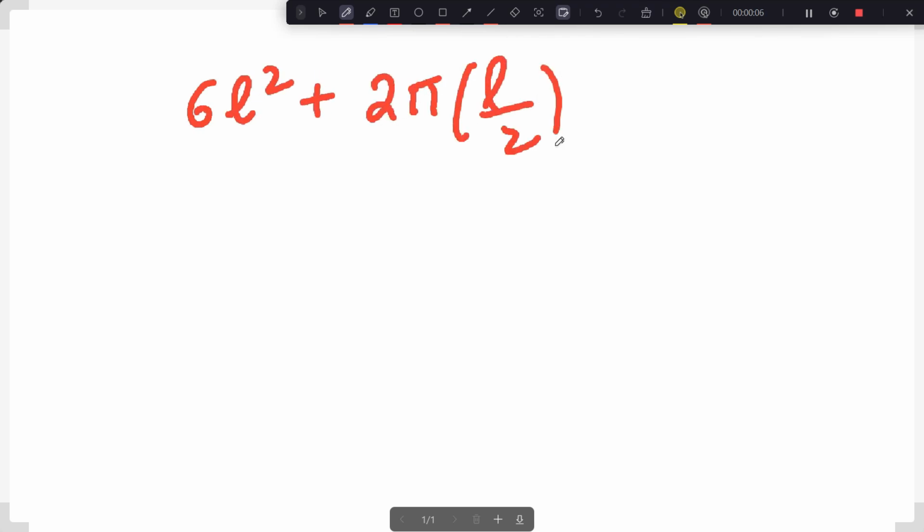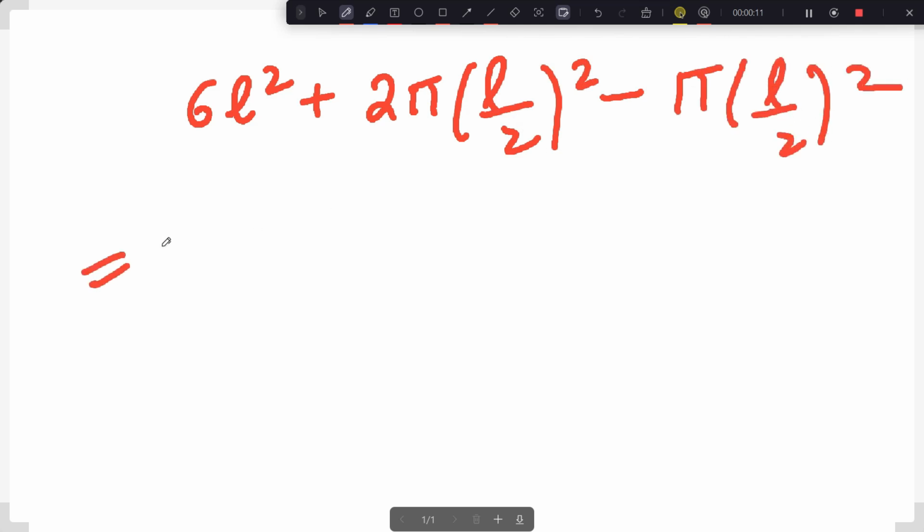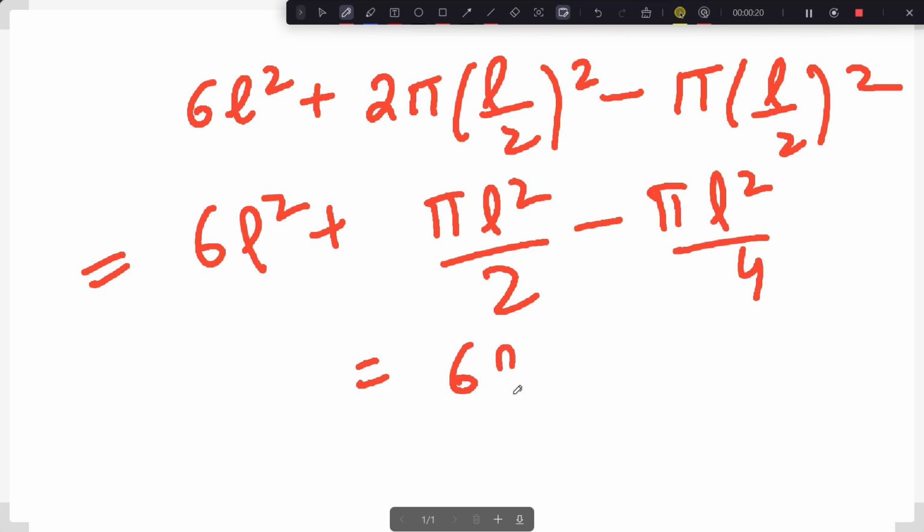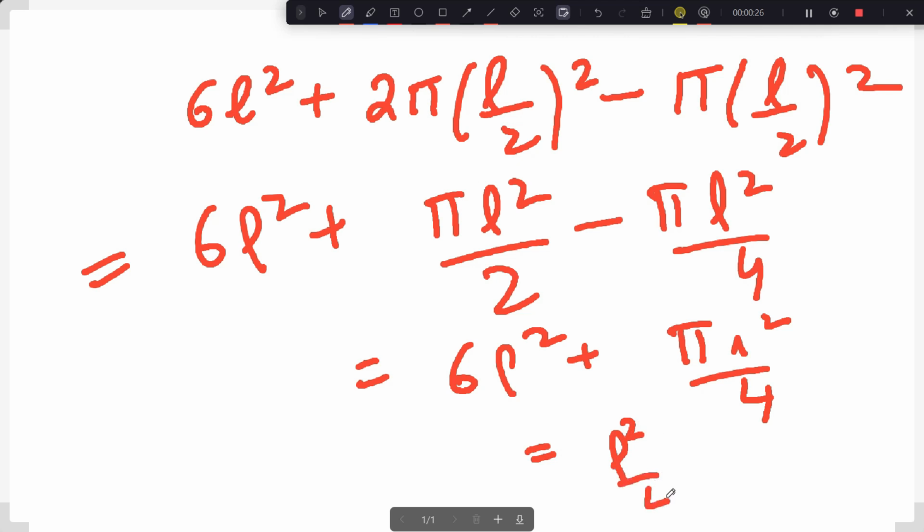So net 6L square plus 2 pi L by 2 whole square minus pi L by 2 square, which is 6L square plus pi L square by 2 minus pi L square by 4. So L square by 4 times 24 plus pi. This is the answer for this question.